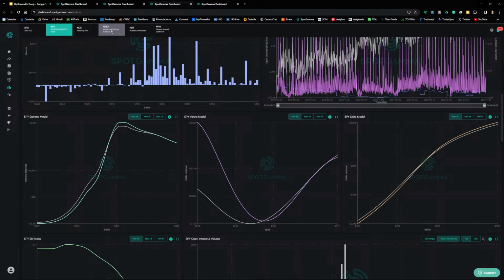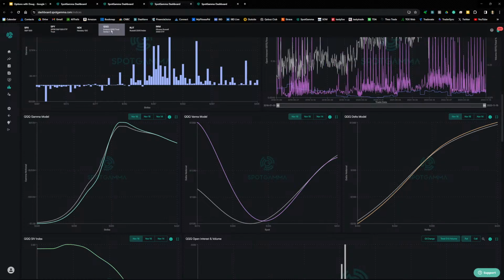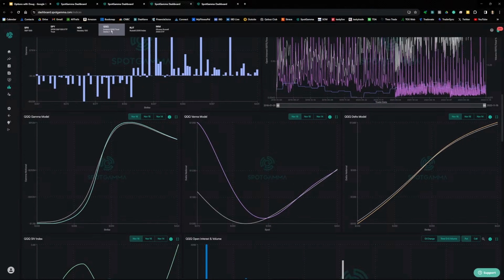Let's take a look at QQQ. So SPY negative for the day, QQQ also negative for the day.